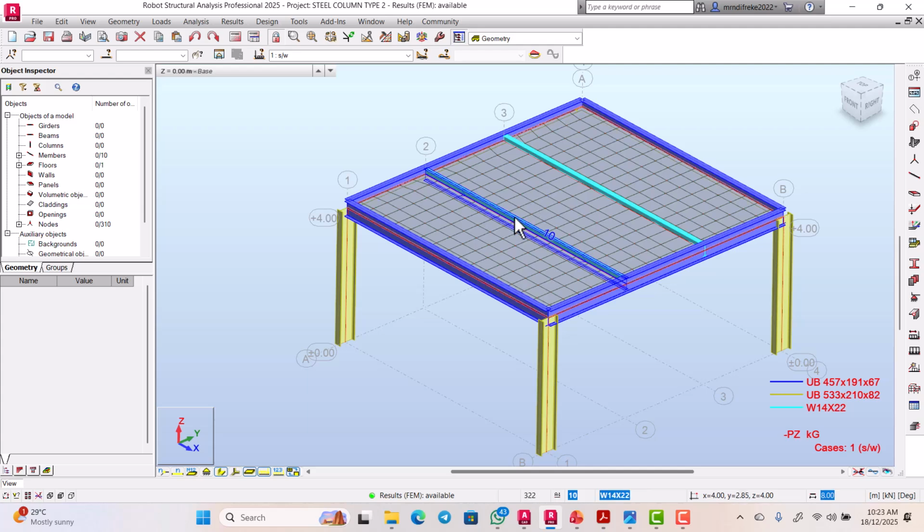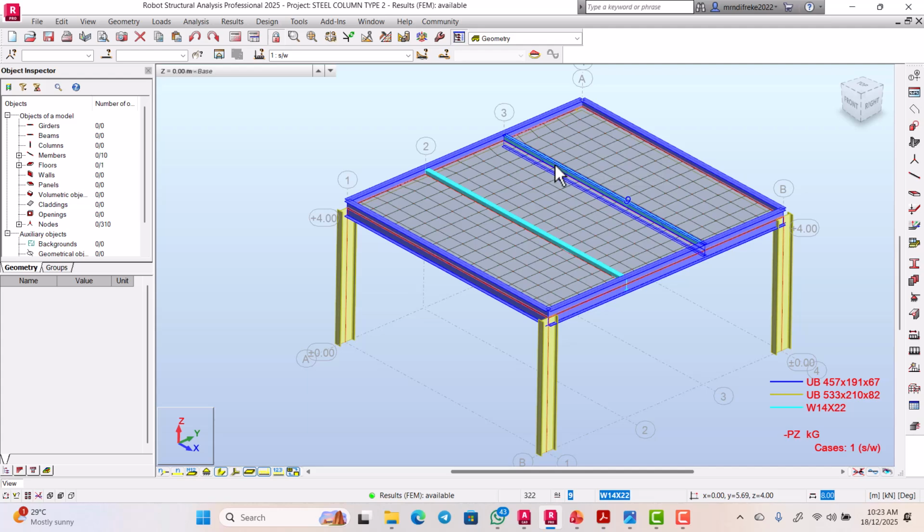In other words, there is a restraint at the top flange of this beam. So this beam is also known as a secondary beam. This is the primary beam. This is the primary beam. But this one is known as the secondary beam.